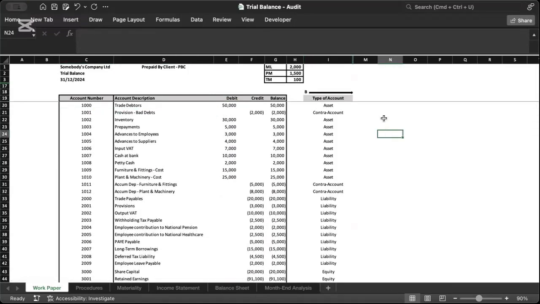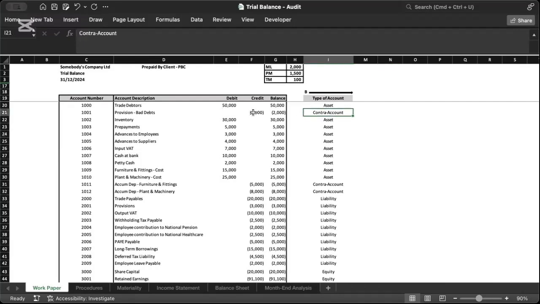Each account in the trial balance must be correctly classified as an asset, liability, equity, revenue, or expense. So I've done that. And auditors must also check contra accounts like accumulated depreciation to ensure that they are in the correct format. Contra accounts reduce the value of related accounts, and they must be properly recorded to avoid misstating the financial statements.